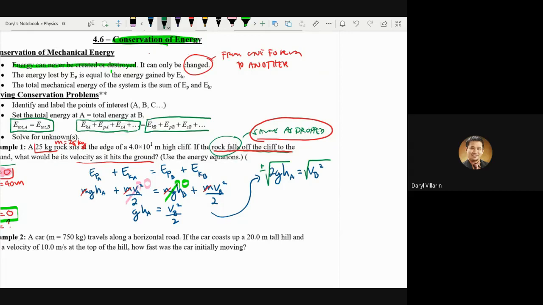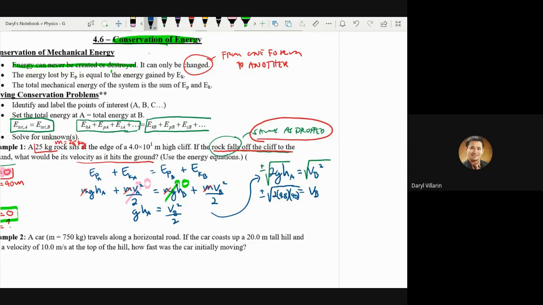Square it, so that would give you V sub B squared, which would be plus and minus the square root of 2 times 9.8 times 40. So if you solve for that in two significant digits, that would be plus and minus 28 meters per second.